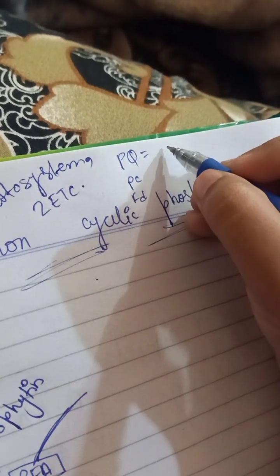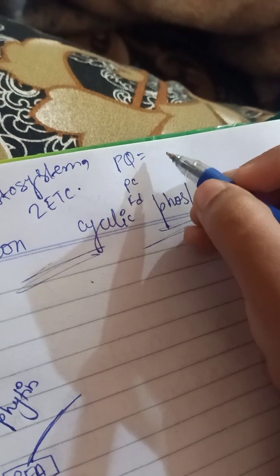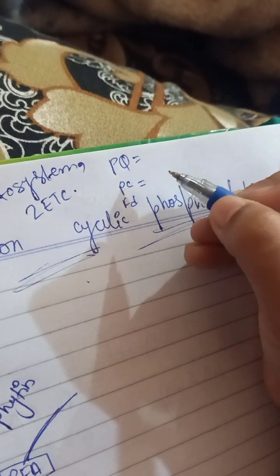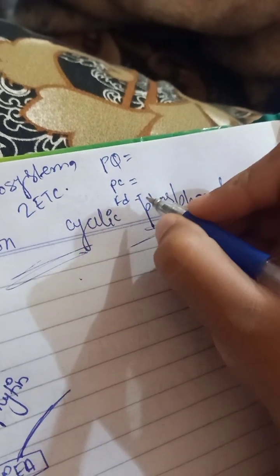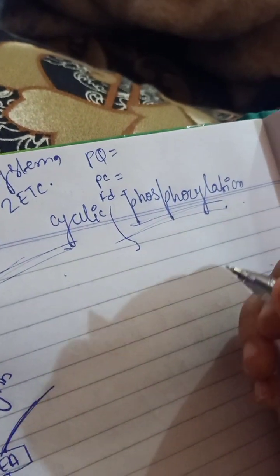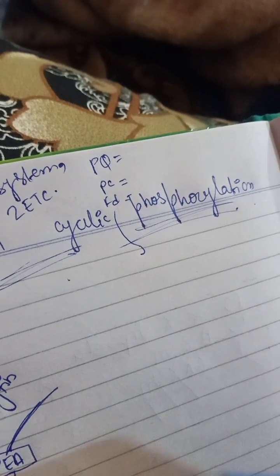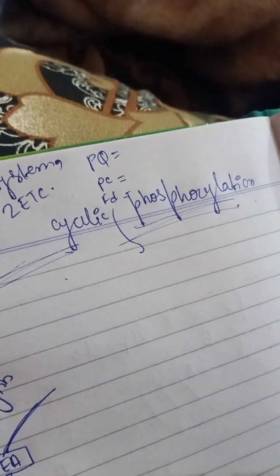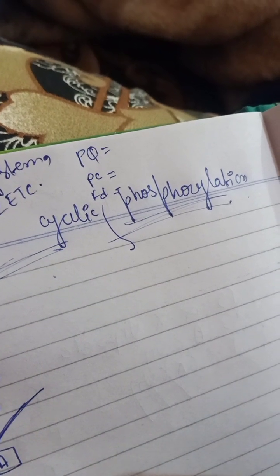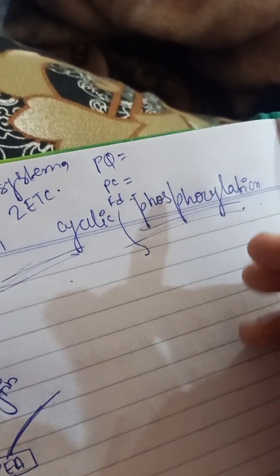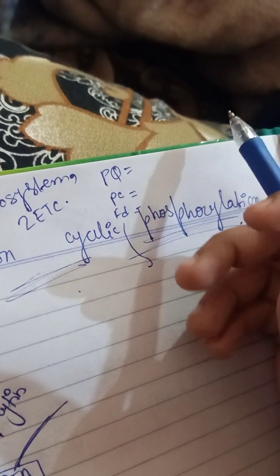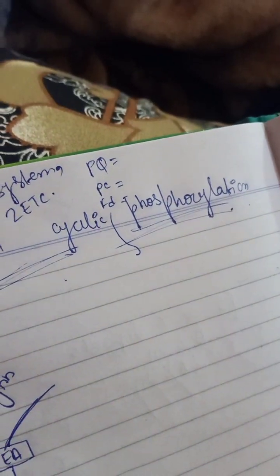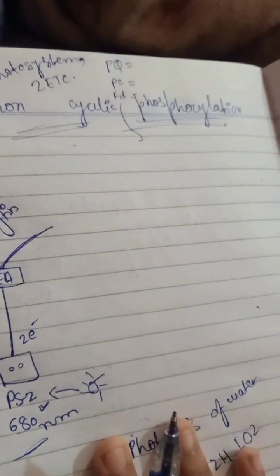PQ is plastoquinone, PC is plastocyanin, and Fd is ferredoxin, which also contains an iron-sulfur protein. They are carriers embedded in the thylakoid membrane, which is why they are called mobile.